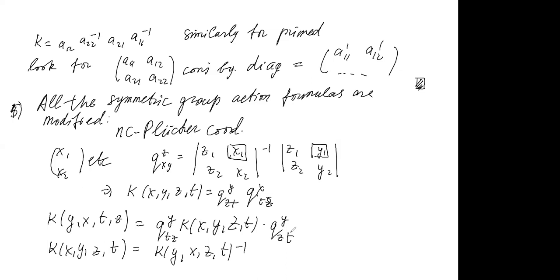Well, in general, we shall always have this kind of conjugation on both sides. So you should not be very careless when you work with noncommutative cross ratios and Plücker coordinates. Okay, this is already enough to prove a few interesting things about noncommutative cross ratios.